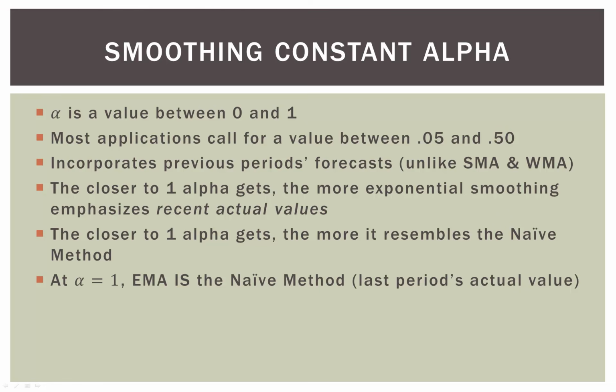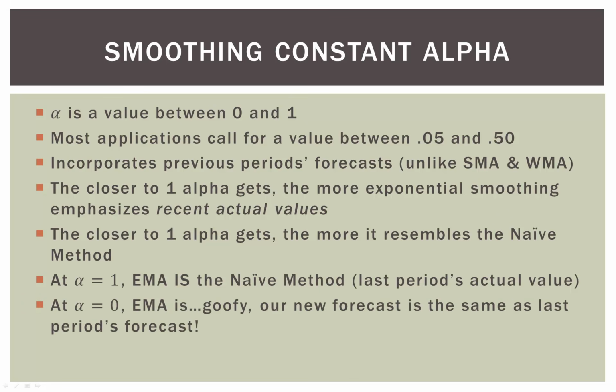So again, that's why we would not choose an alpha of 1, because basically that is the exact same as the naive method, and we would just choose last year's data point or last year's enrollment, and that would be our forecast. Now at the other extreme of alpha equals 0, the EMA is, well, it's kind of goofy because our new forecast would be the same as last year's forecast.